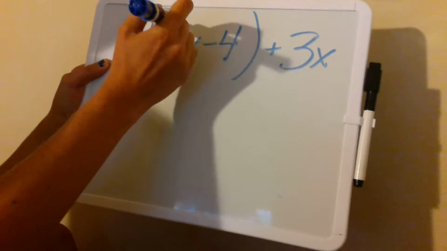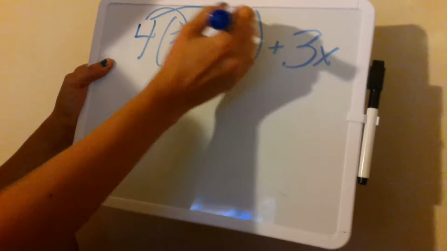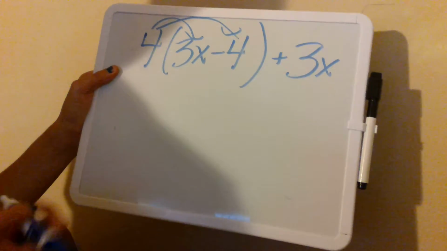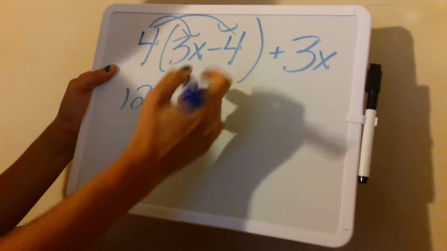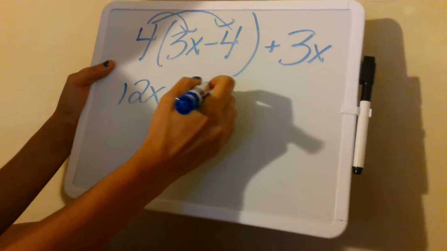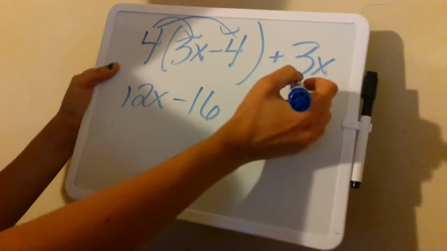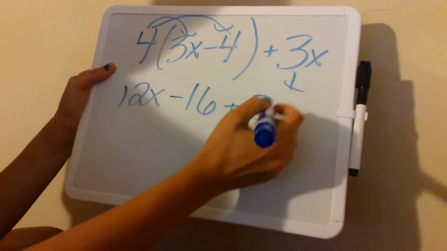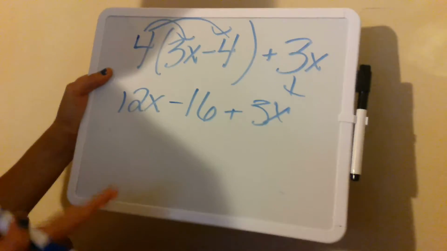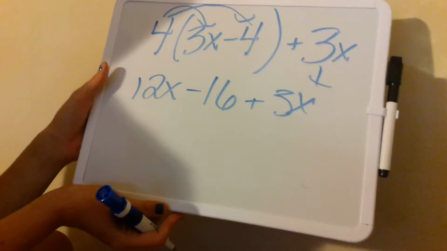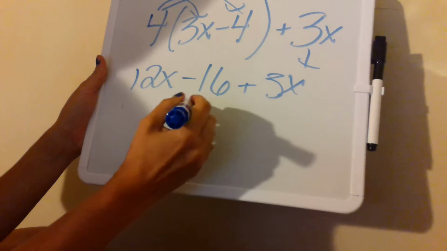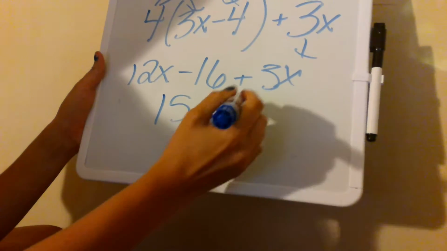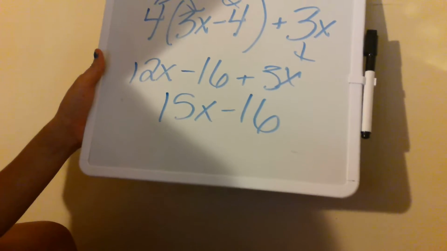The 4 is going to multiply this 3x, and the 4 is going to multiply this negative 4. So we're going to distribute, and we're going to get 12x. We're going to get 4 times negative 4, minus 16, and then that 3x we just slide on down. Okay, so now we know we're not simplified all the way because we see a set of like terms. So if we add our 12x and our 3x, that's going to give us 15x, and then our minus 16. Now we don't have any more like terms.